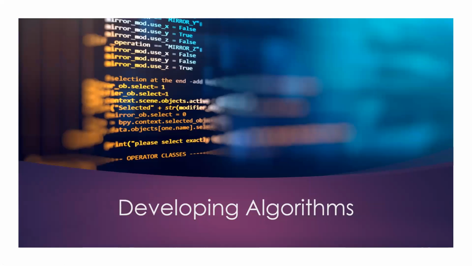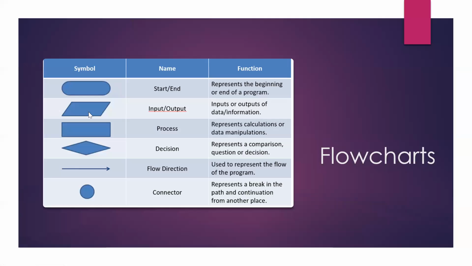Next, we looked at developing algorithms. There are a couple of ways to develop an algorithm. You can use many techniques, flow charts as well as pseudocodes. Flow chart means graphical representation.